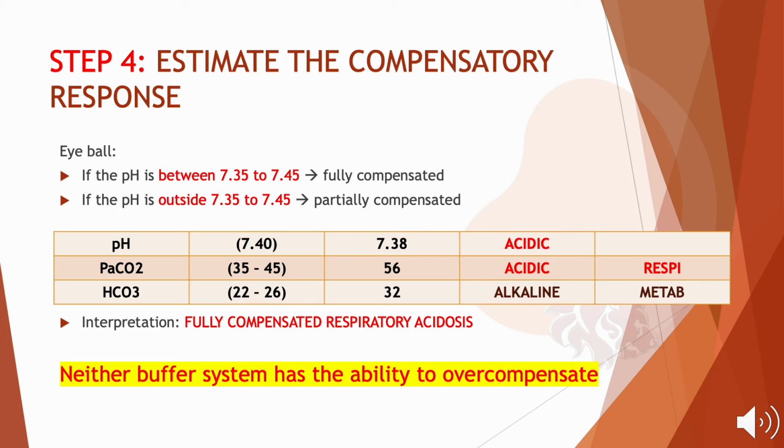Now, in a case where the bicarbonate went up but the pH is outside the normal range, it is said to be partially compensated. So in this case, we have a fully compensated respiratory acidosis.